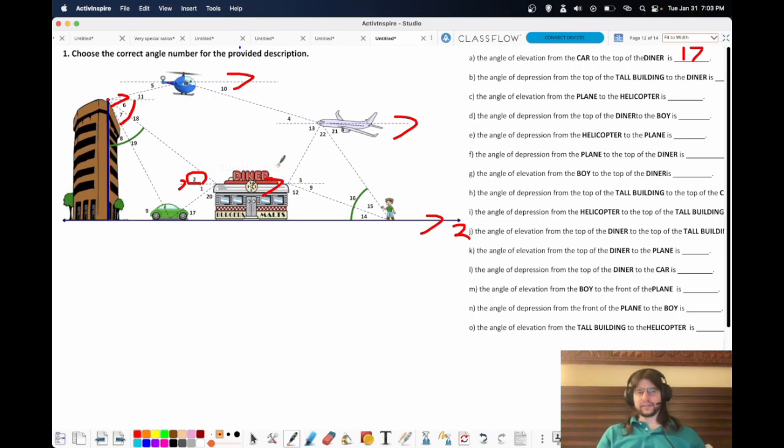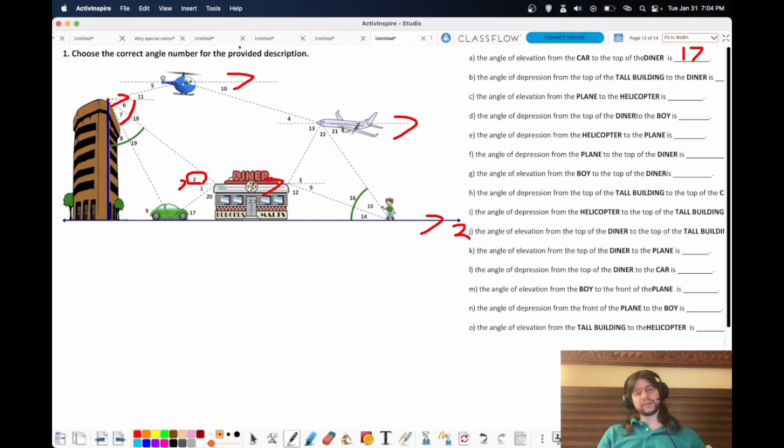Okay, so that's how you're going to do that one. I think I've explained it sufficiently well for you to be able to fill it out. Remember, it's got to be dealing with the horizontal, so this 22 right here is impossible to be used. Well, the 21 could be the angle of depression for the back of the plane of the boy, I guess. I don't know.